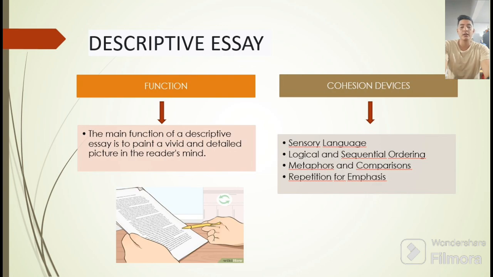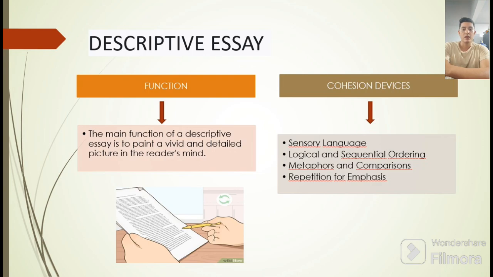Cohesion devices. Sensory language: using words and phrases that stimulate the senses, such as vibrant colors, soft textures, or resonant sounds. Logical and sequential ordering: organizing descriptions logically, following a sequence that allows the reader to visualize the scene.